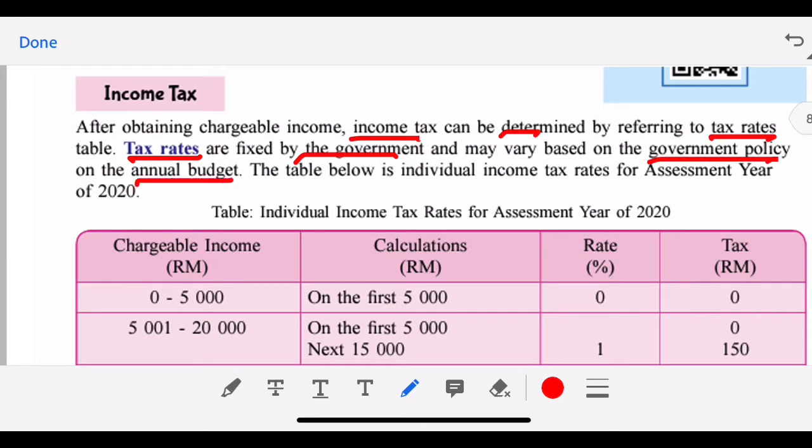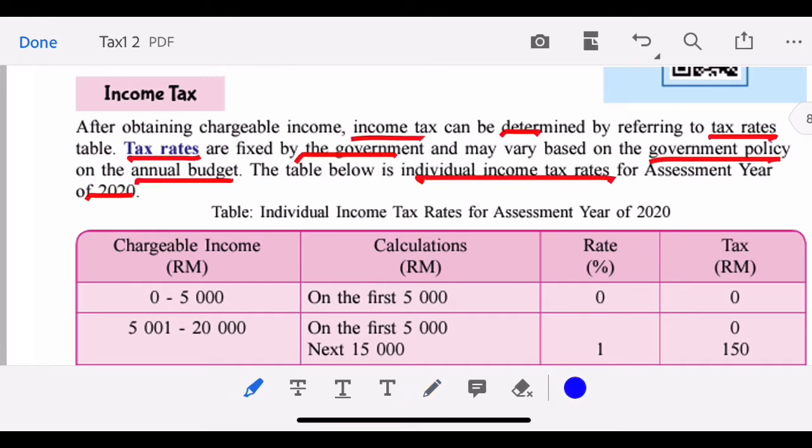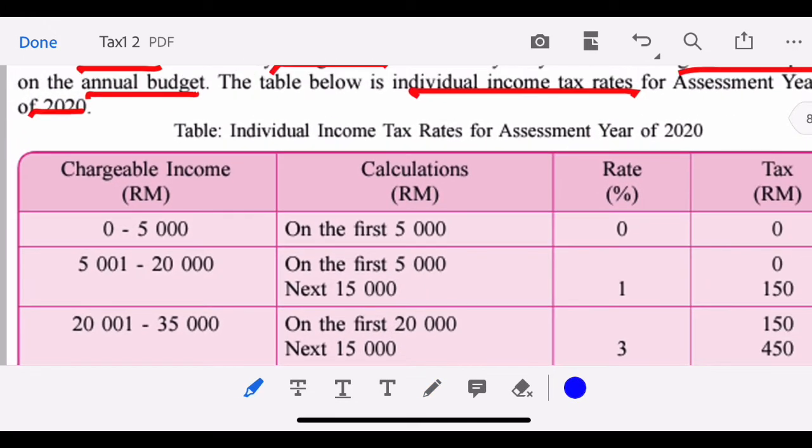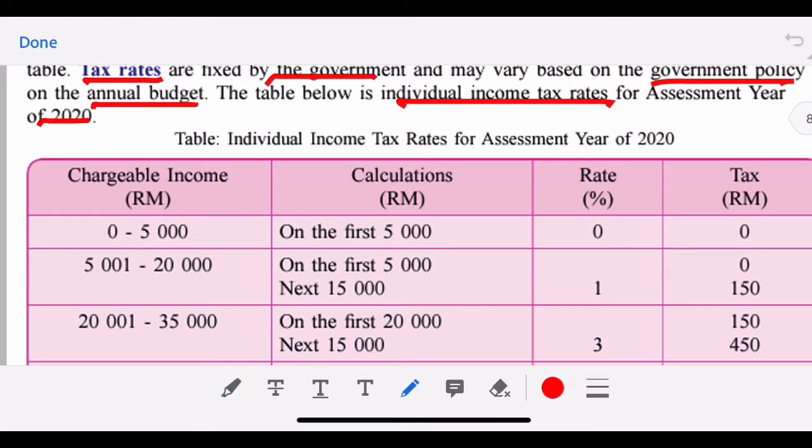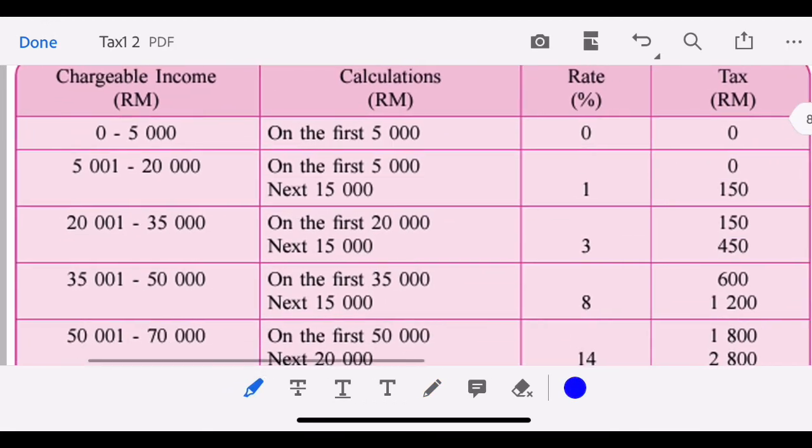The table below is the individual income tax rates for assessment year 2020. This is the so-called individual income tax rates for assessment year 2020.